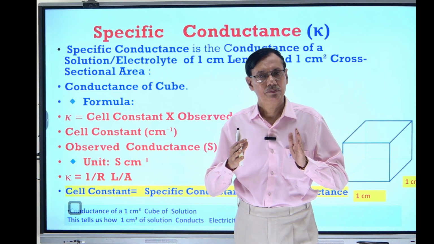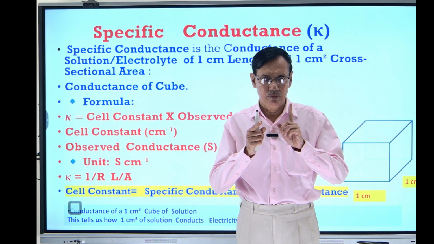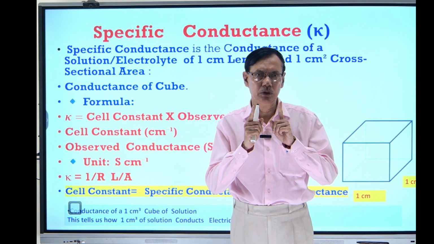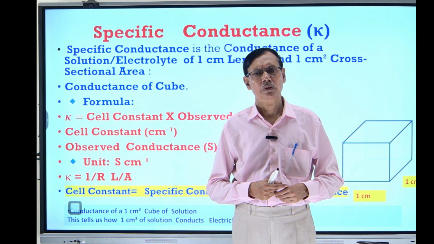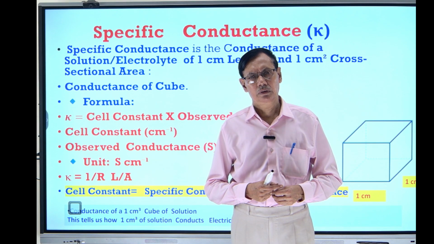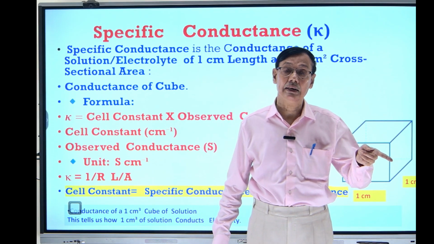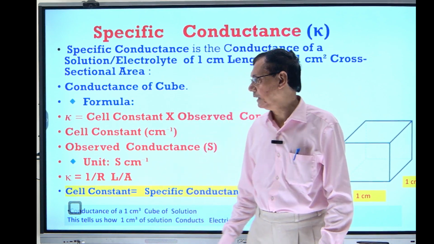And if we take an electrolyte and there are two electrodes and the distance between these two electrodes is 1 centimeter or 1 meter, then the conductance produced by the ions of the electrolyte is generally called the observed conductance.